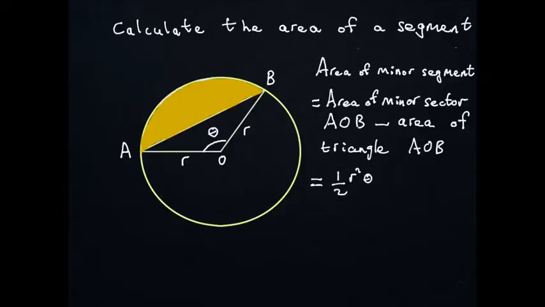The area of the triangle is going to be half times the product of the two sides times the sine of the included angle. In this case, that gives us 1/2 r squared sine theta. Therefore, the area of the minor segment is going to be 1/2 r squared multiplied by theta minus sine theta.